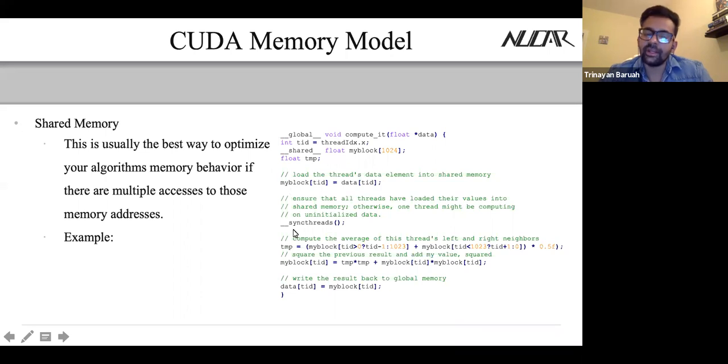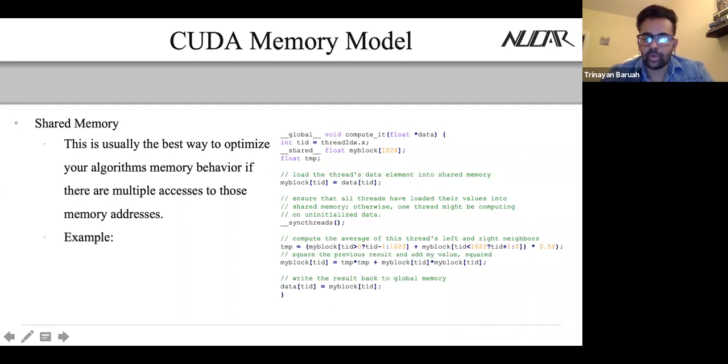So the key idea is that if you don't place this sync threads call, some of the threads might have finished writing to shared memory while the others may not have. The CUDA hardware does not provide any guarantee that thread 1 executes before thread 31, right? So you cannot have any guarantee of ordering between the threads. So if you do not synchronize with this command, you will read garbage data from shared memory.